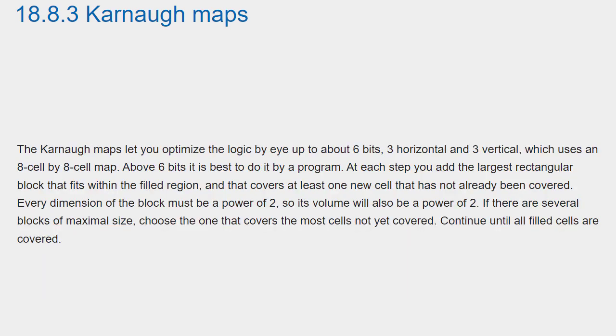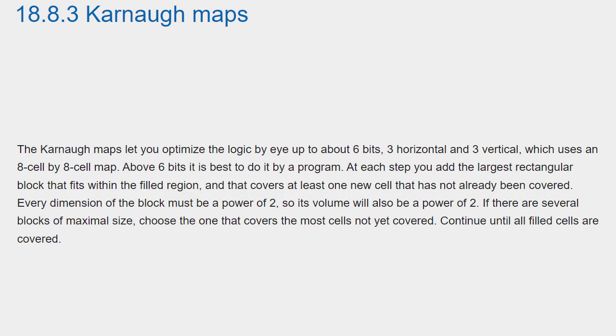The Karnaugh maps let you optimize the logic by eye up to about 6 bits, 3 horizontal and 3 vertical, which uses an 8-cell by 8-cell map. Above 6 bits, it is best to do it by a program. At each step, you add the largest rectangular block that fits within the filled region, and that covers at least one new cell that has not already been covered.